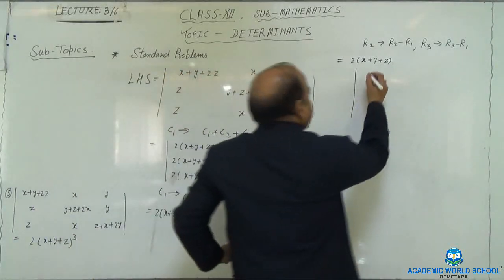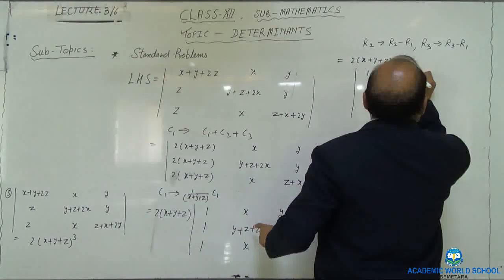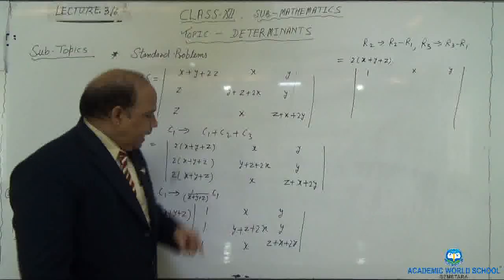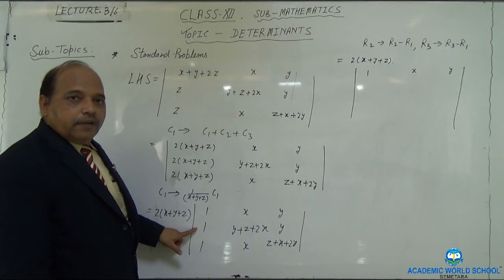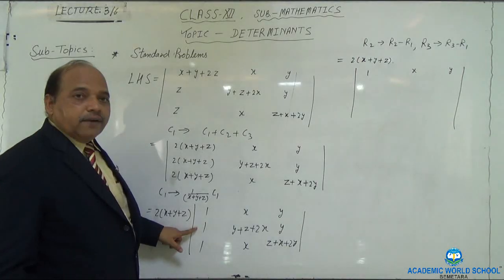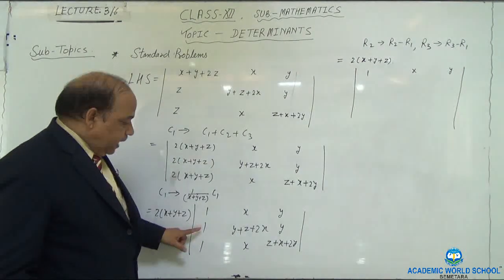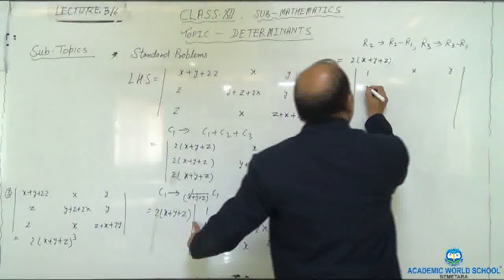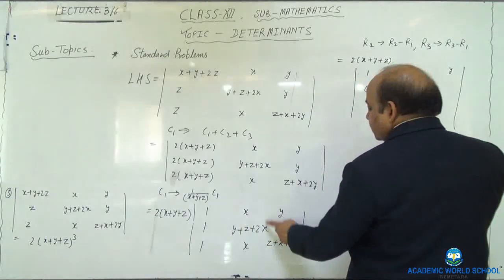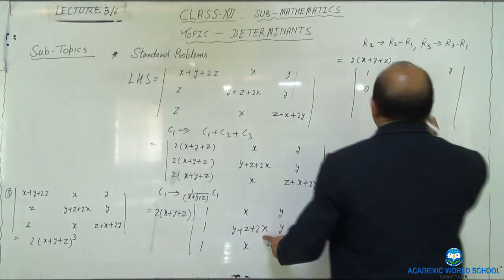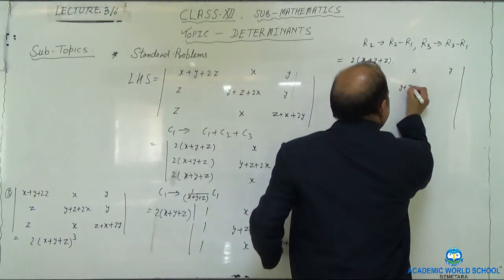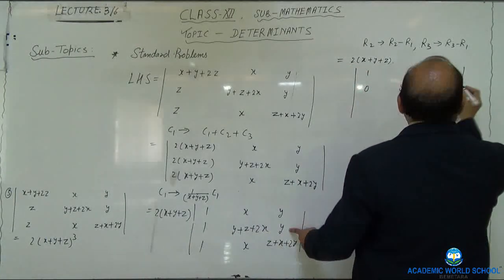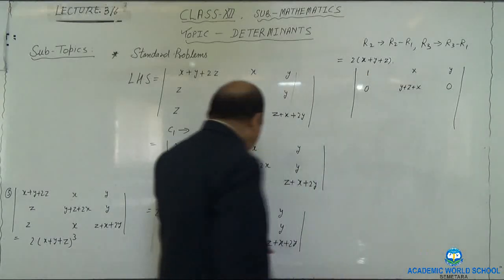So write down first R1: 1, x, y. There is a change in R2. And what is that change? The change is R2 minus R1. That means from here we have to subtract this. 1 minus 1, 0. This minus this, so x will get cancelled. So you are left with y plus z plus x. And then y minus y will become 0.